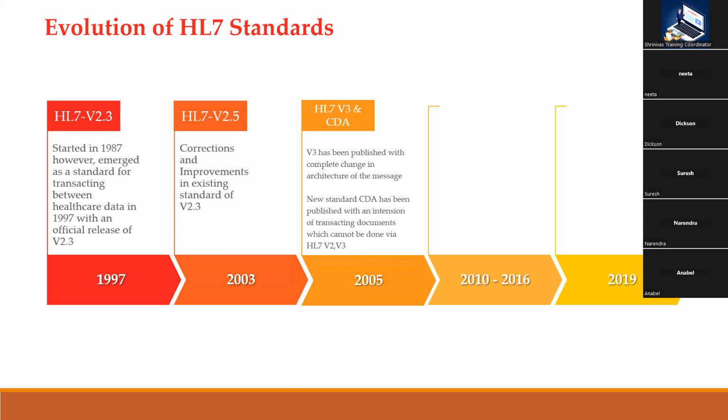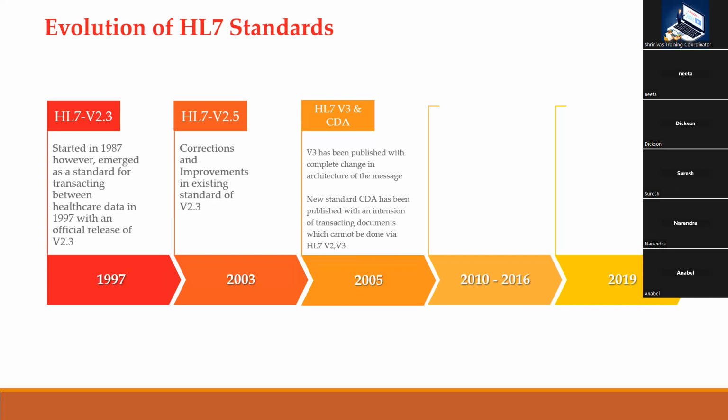That is the first thing. Apparently, when you see the structure, you'll understand that V3 is nothing but a change of the structure with new concepts introduced, obviously. Change in structure, how you manage code systems and all of these things are introduced in V3.